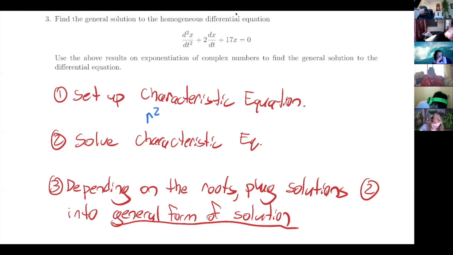So I'll go through some here just to make sure, if you started off in the wrong direction, the characteristic equation here would be r squared plus 2r plus 17. And then what are the roots for that characteristic equation?